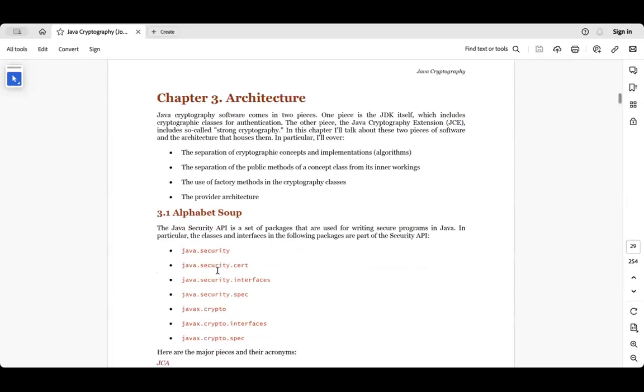I also mentioned the Java Security API, which is a set of packages used to write secure programs in Java. In particular, the classes and interfaces in the following packages are part of the security API.